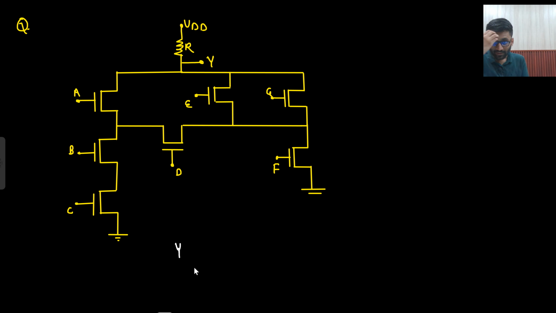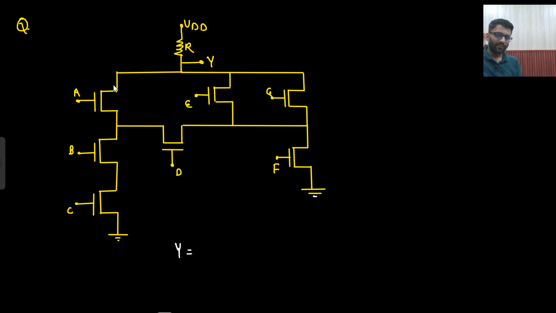We need to find the Y expression. One thing I know is that it is coming from the ground, so certainly a bar will be there. My target is to find the expression. What I know is that if I turn these switches on, then Y goes towards 0.